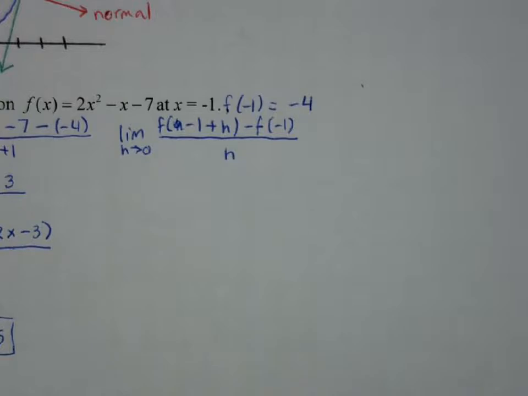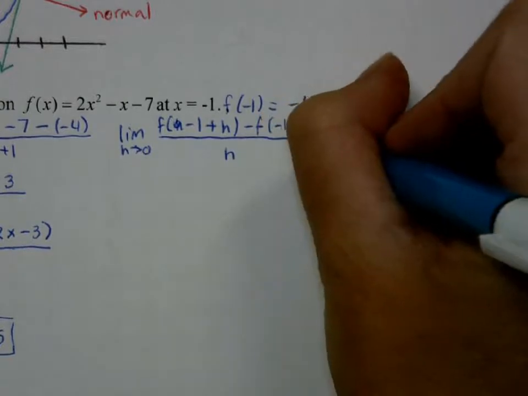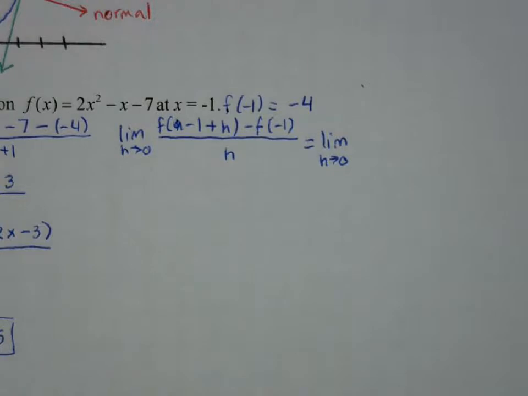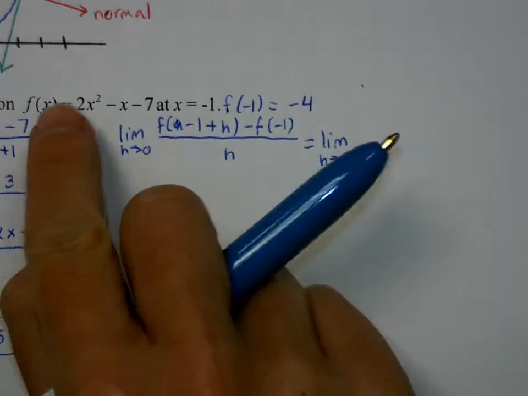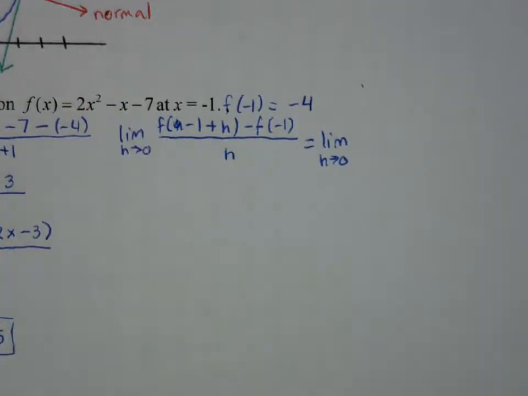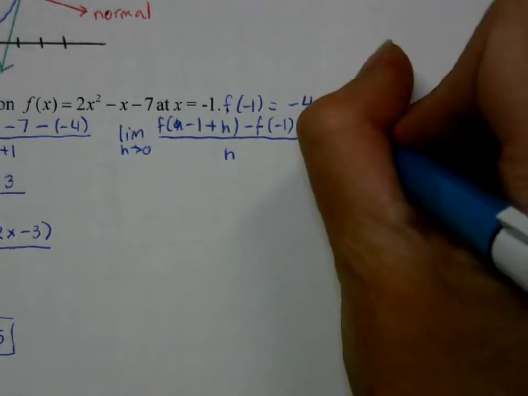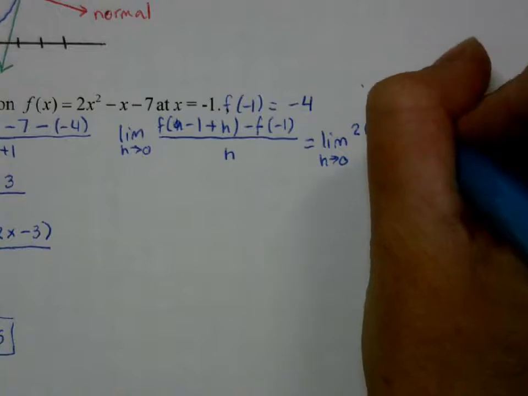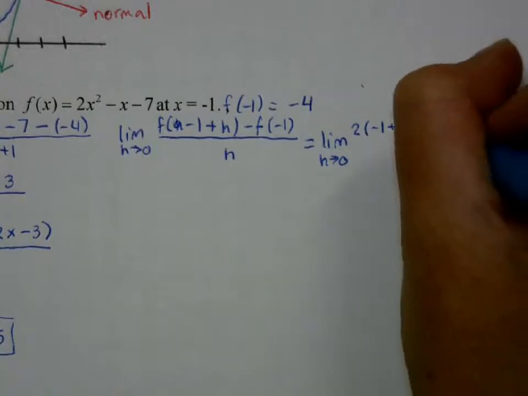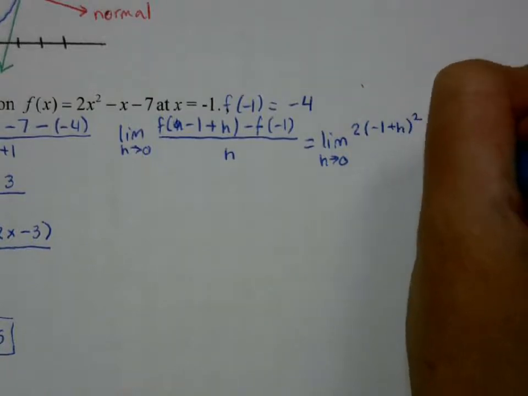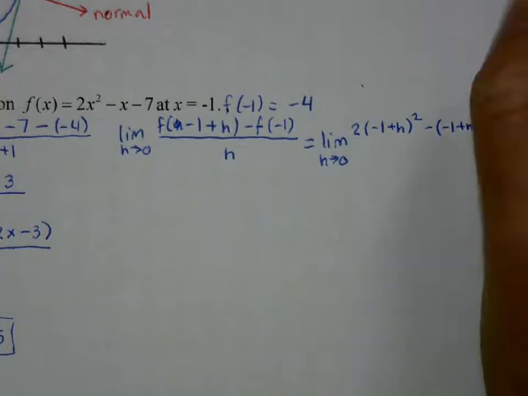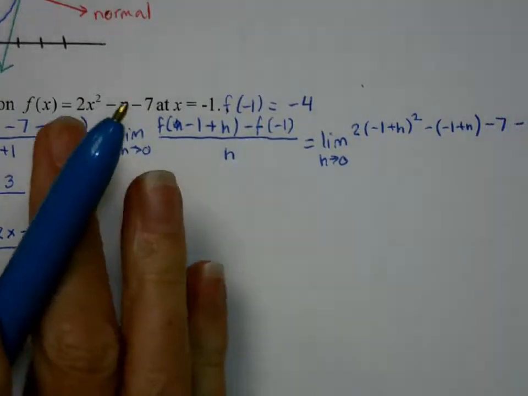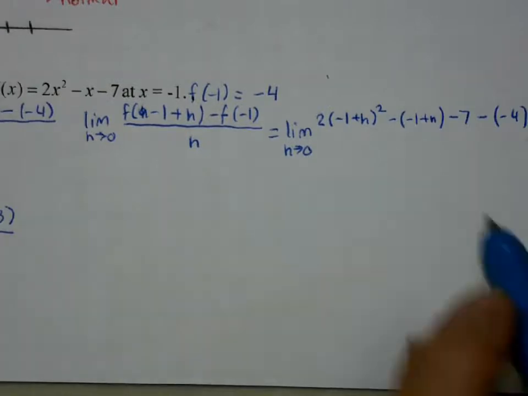Okay, so we're going to take negative 1 plus h and plug it into each of the x's here. So we're going to have to write kind of small. So 2 times (negative 1 plus h) squared minus (negative 1 plus h) minus 7 minus the negative 4, over h. So we've got some algebra work to clean this up.